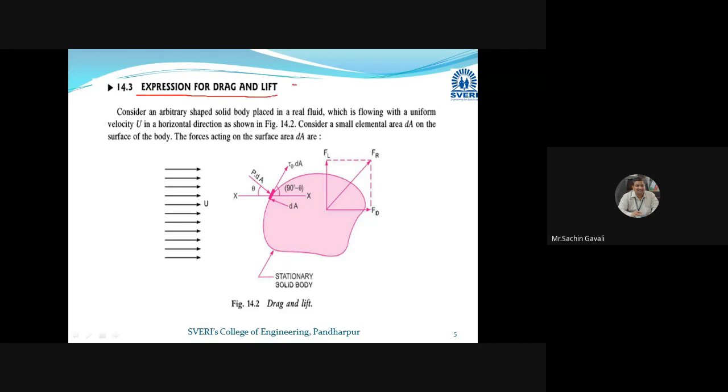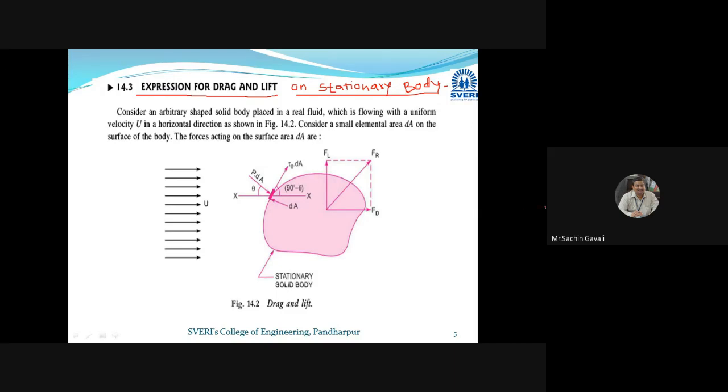This is what we are going for, on a stationary body.